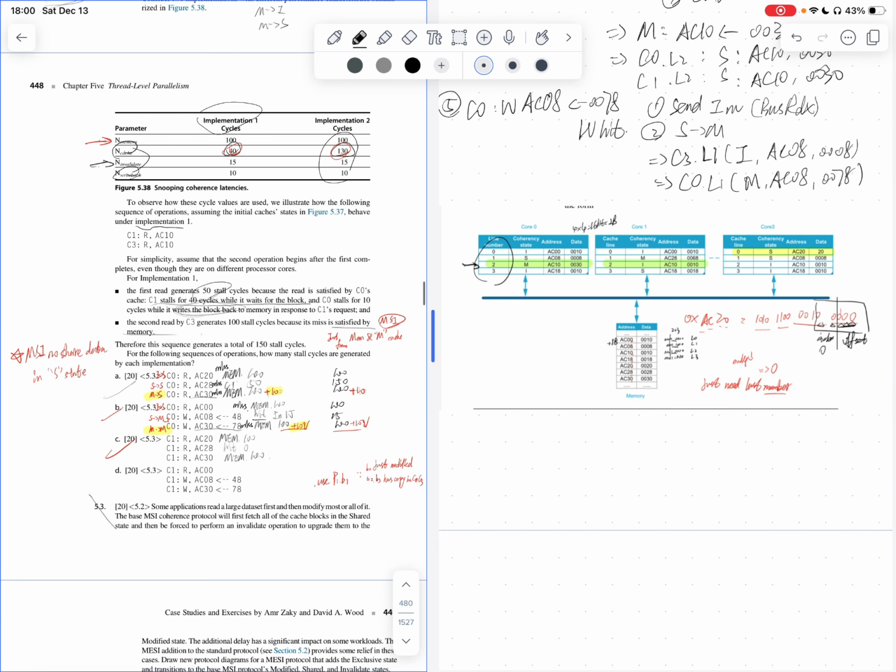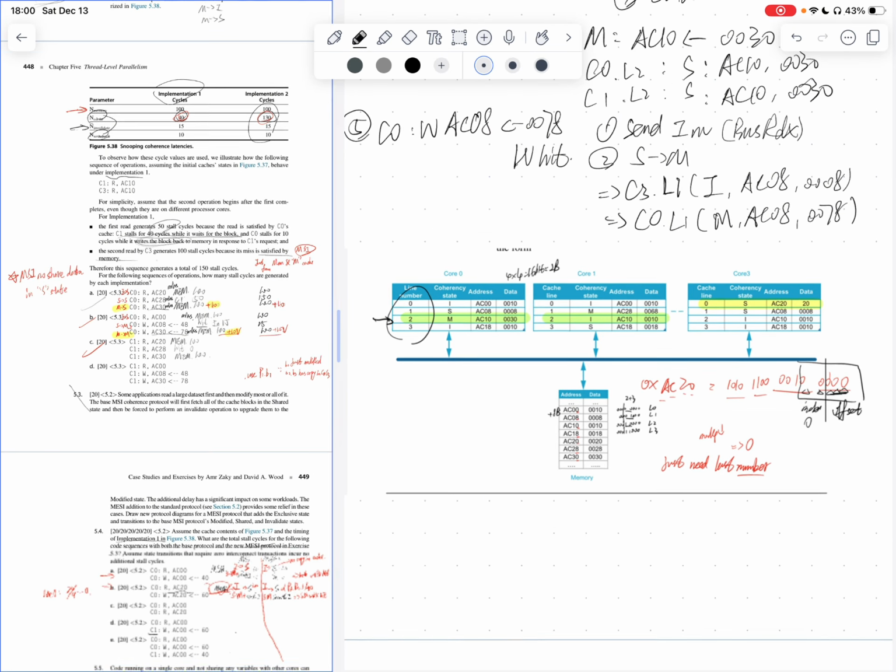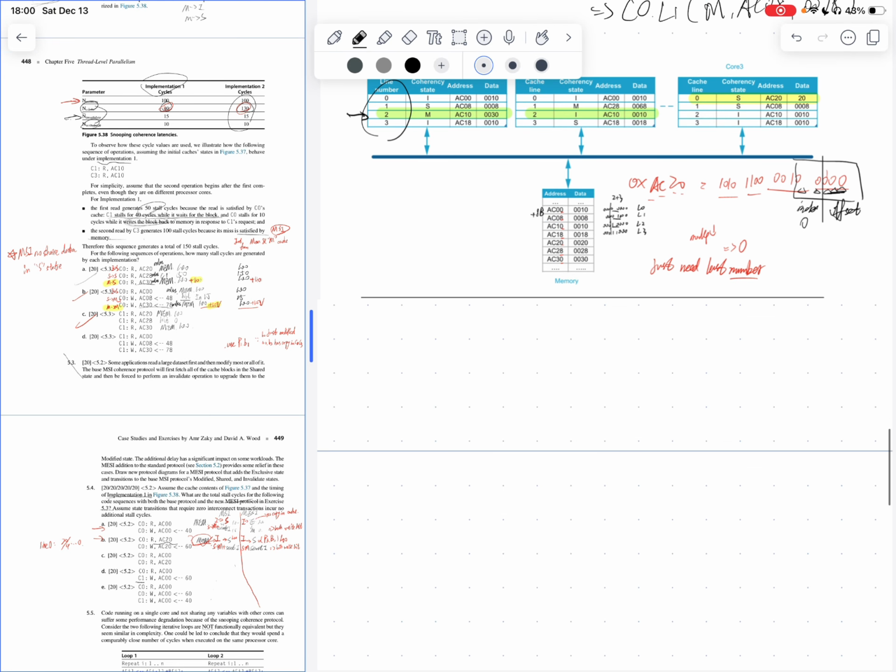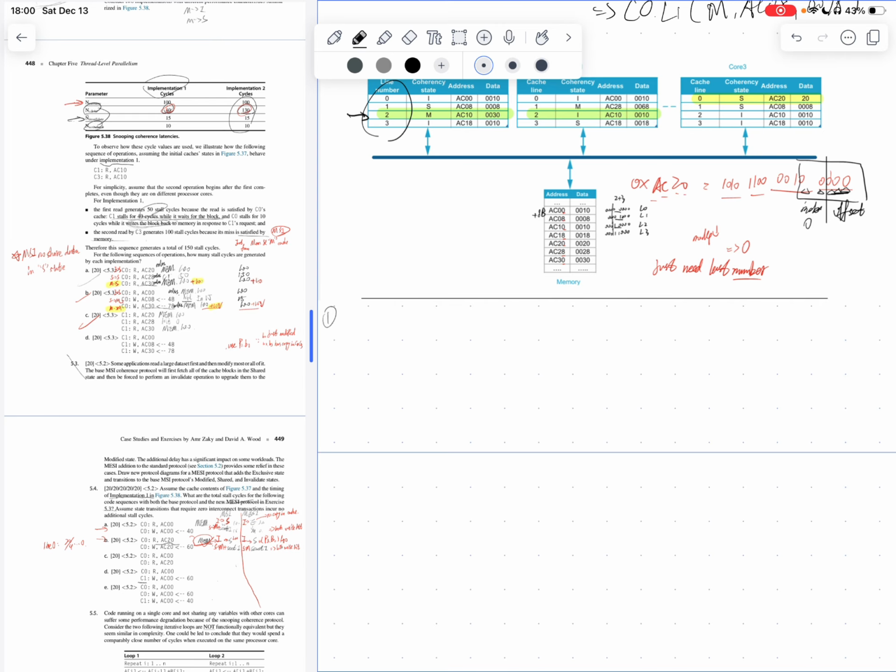Okay, and then let's go back to our questions. Let's say the first set of instructions or actions: C0 read AC20, C0 read AC28, C0 read AC30.